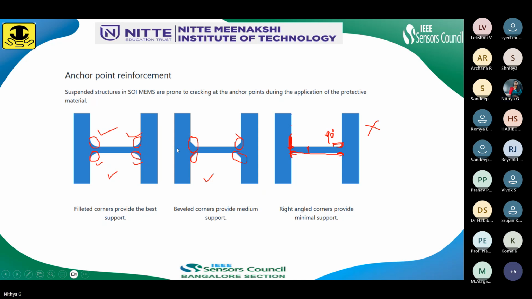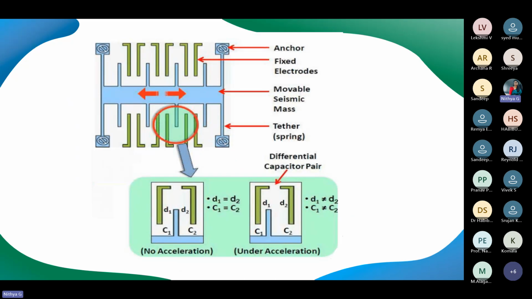Okay. Now let us move ahead with creating the mask file for a simple cantilever, a simple accelerometer. Here we can see this is a proof mass, which is anchored at the four anchors with the help of a simple parallel beam suspension. These are the moving electrodes present on the proof mass.